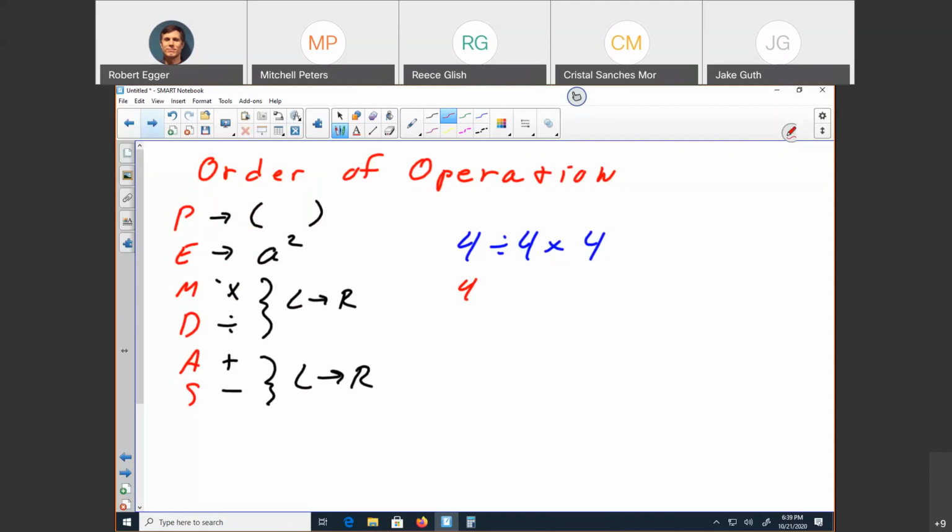So 4 divided by, what's 4 times 4? 16. It was first on the list, gotta do it first. And then divide. 4 divided by 16 is basically a fourth when you reduce it. All right. No.